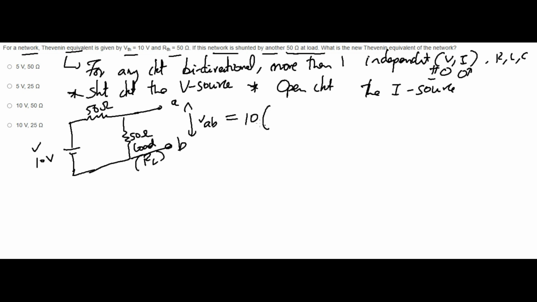VAB is equal to 10 into the two resistors, 50 and 50, in parallel, is it right? As I told you in the previous video, for two resistors in parallel you multiply the two resistors and then add them. So 50 into 50 is 2500, and 50 plus 50 is 100.